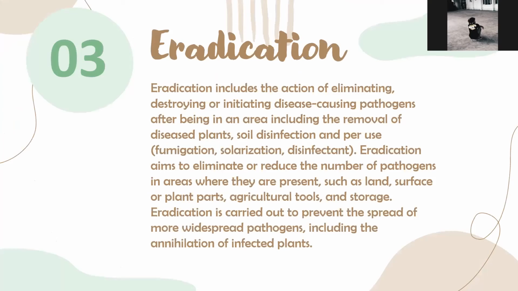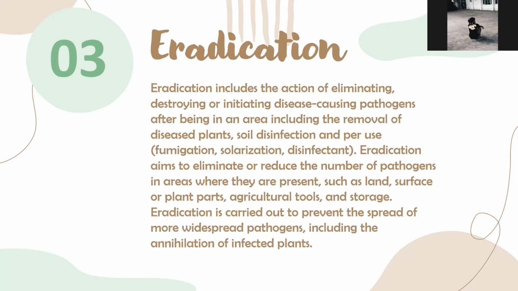3. Eradication. Eradication includes the action of eliminating, destroying, or annihilating disease-causing pathogens after being in an area, including the removal of diseased plants, soil disinfection, fumigation, solarization, and disinfectant.